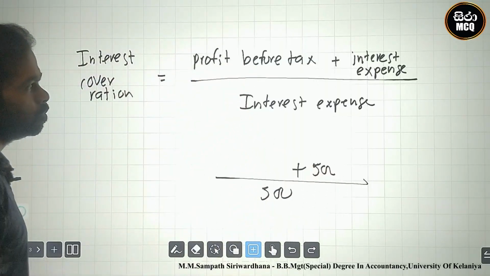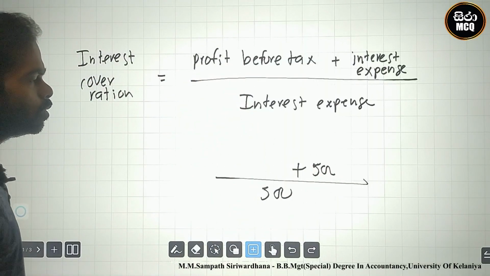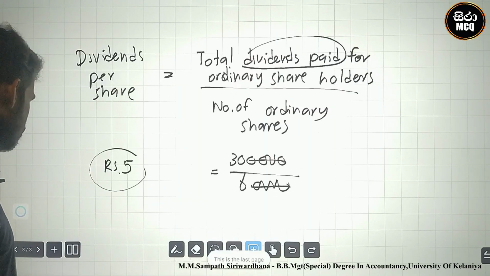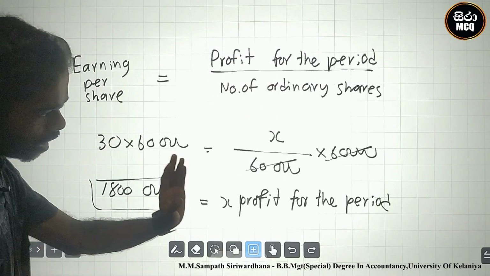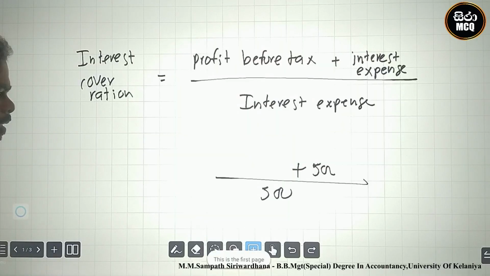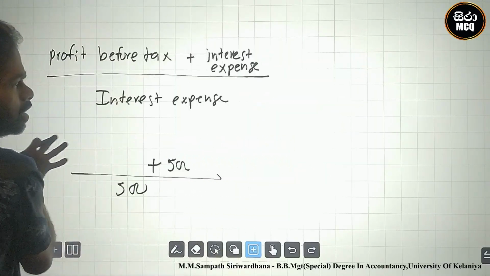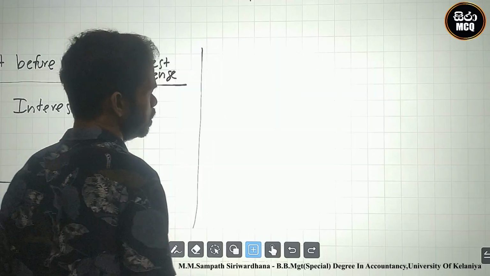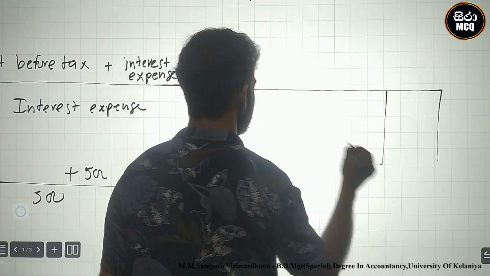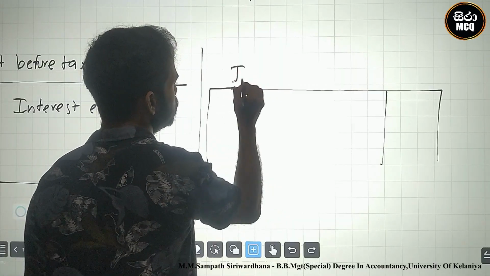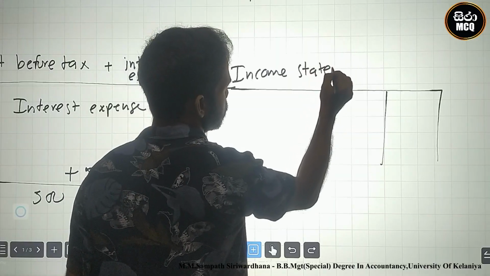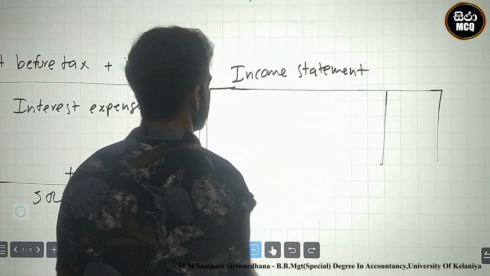Firstly, we calculate profit before tax. How can we calculate it? Profit after tax is the profit for the period. Look at the bottom of the income statement.